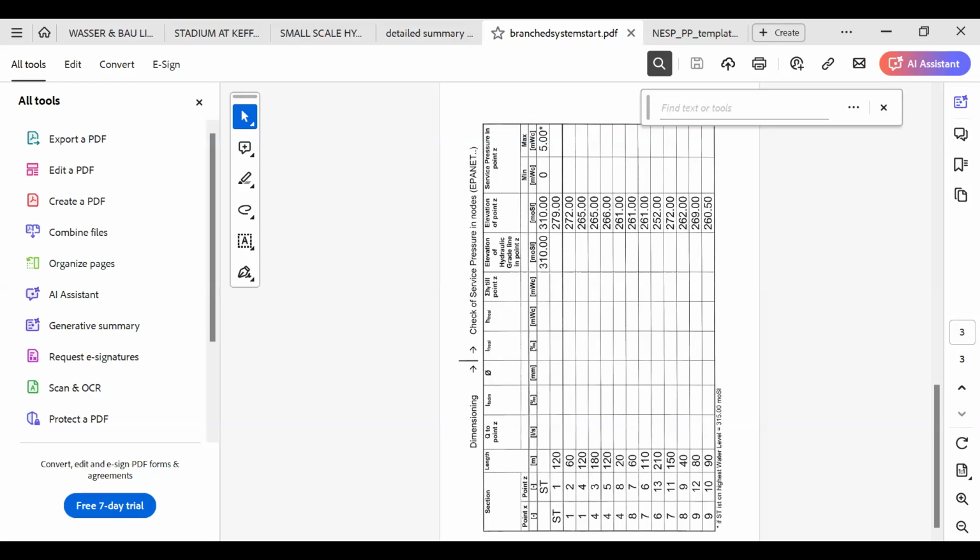For section ST to 1, the distance is 120. Section 1 to 2 is 60 meters. Section 1 to 4 is 120 meters. Section 4 to 3 is 180 meters. Section 4 to 5 is 120 meters. But elevation of section ST, storage tank, is 310. And that is the highest point.